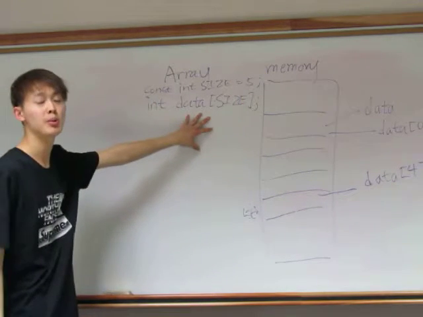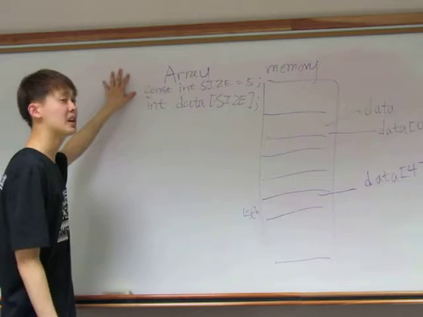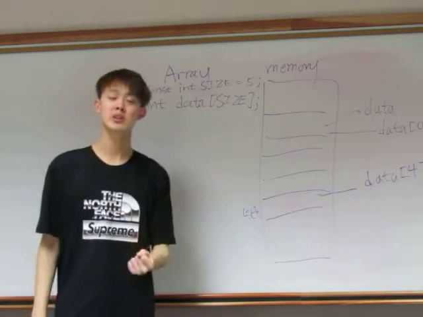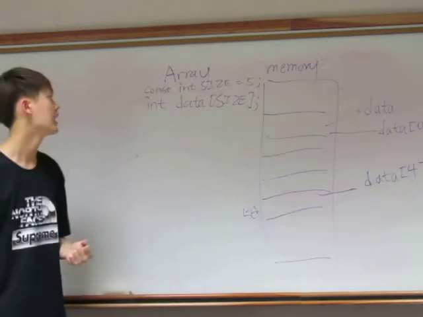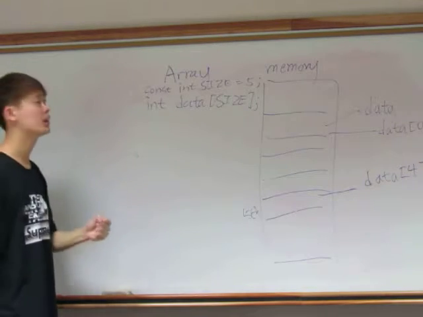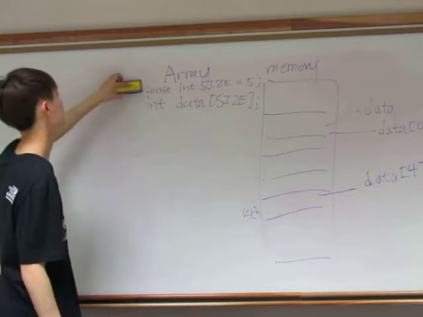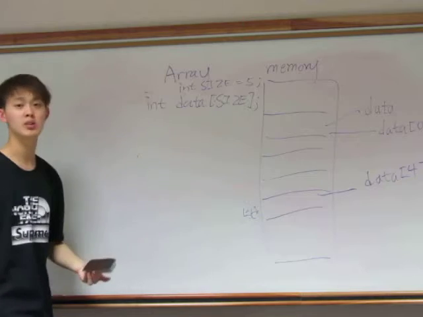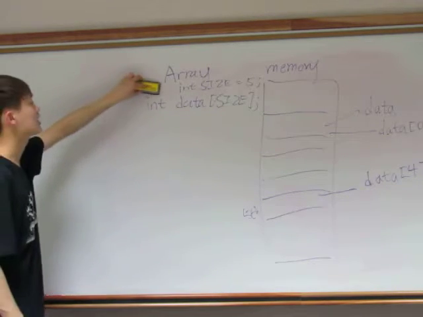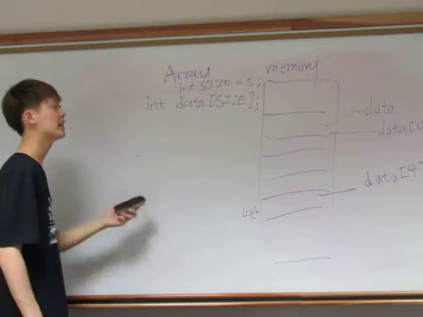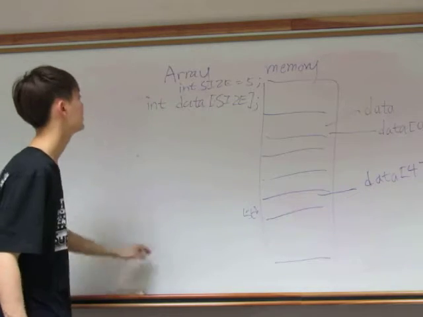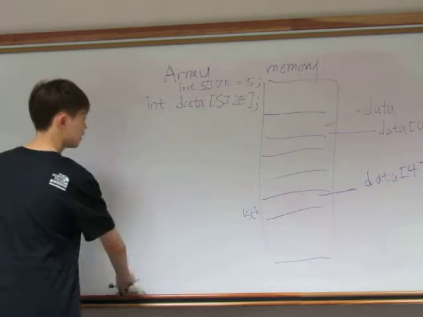Why does this variable need to be constant? It's because an array needs to know its size at compile time. If you use a non-constant integer, it would just lead to a compile error, because you can't use a number cin'd from the user to be the size of an array.